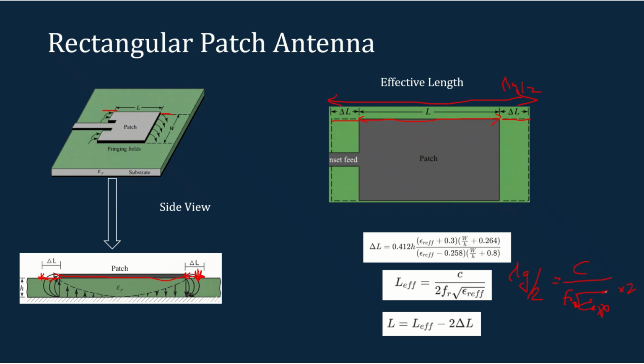This is how the effective length comes about. So if you are designing the antenna, L can be calculated by L effective minus 2 delta L.